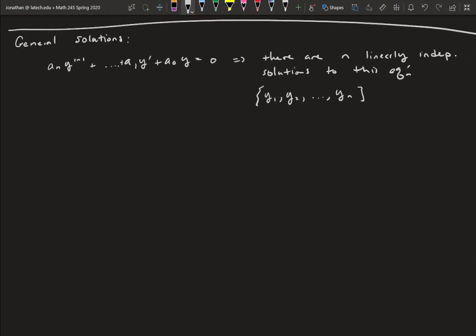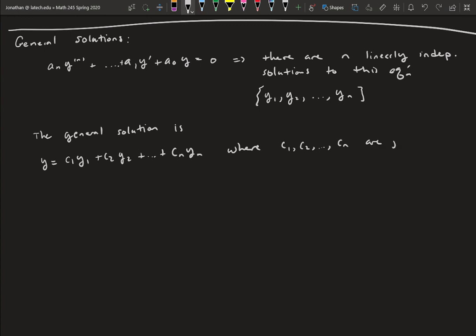So then the general solution is y equals c1 y1 plus c2 y2 plus ... cn yn, where c1, c2, ..., cn are just constants.